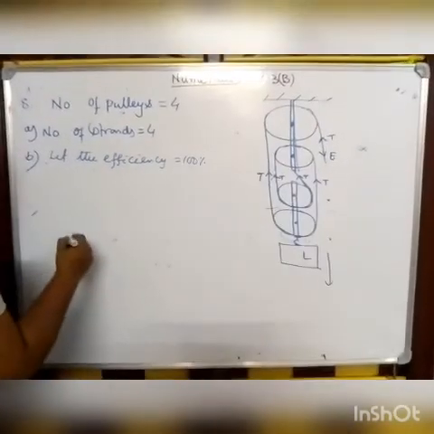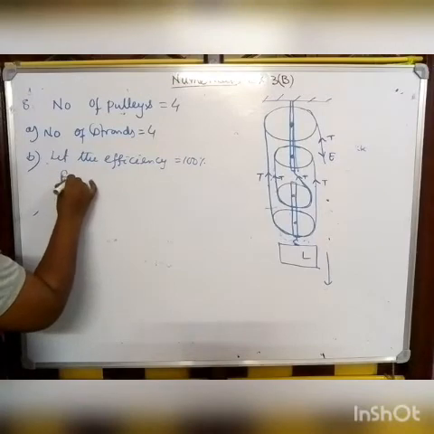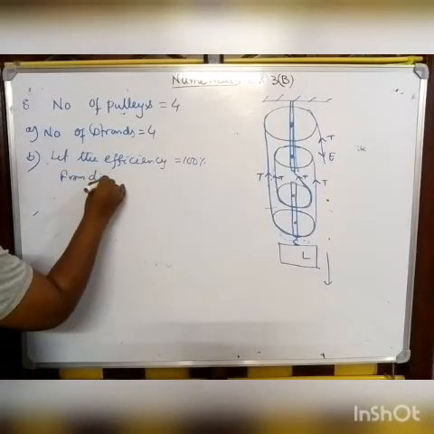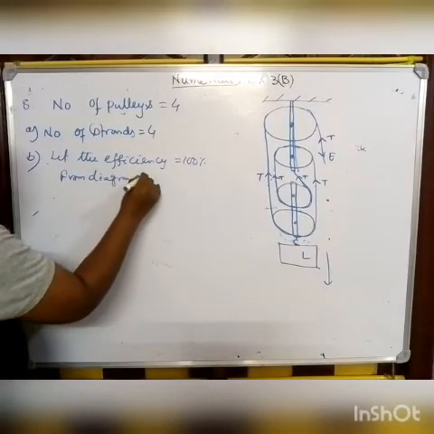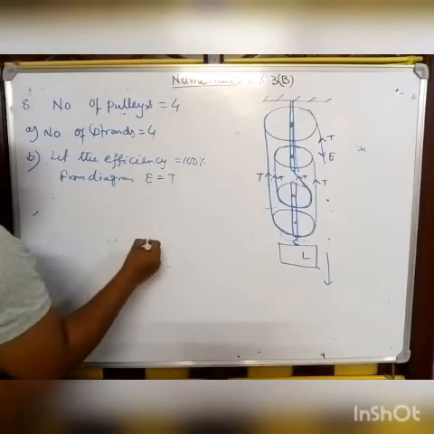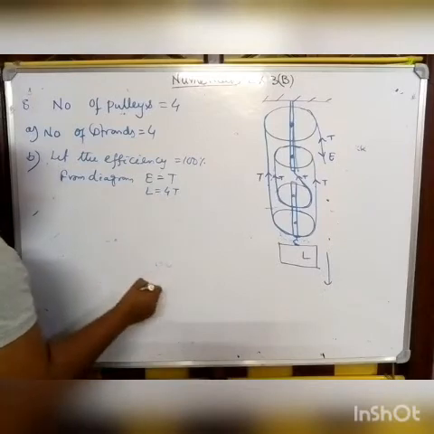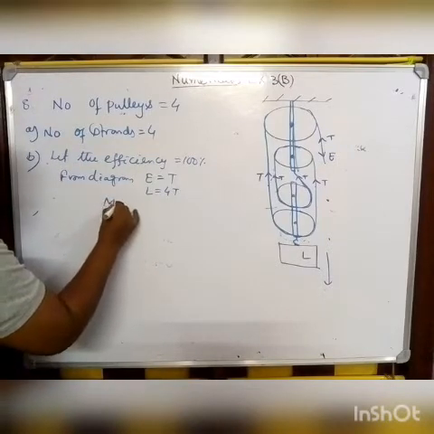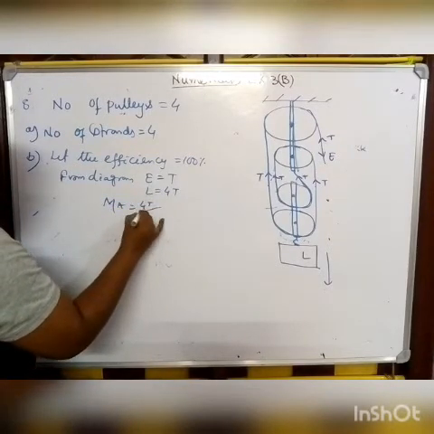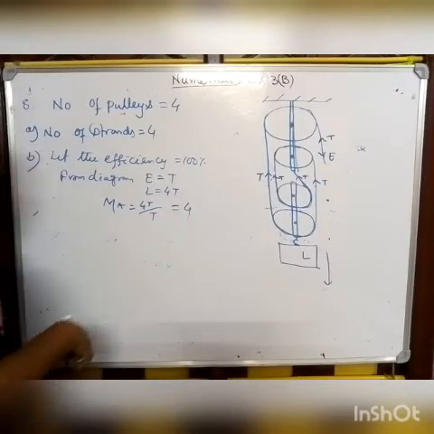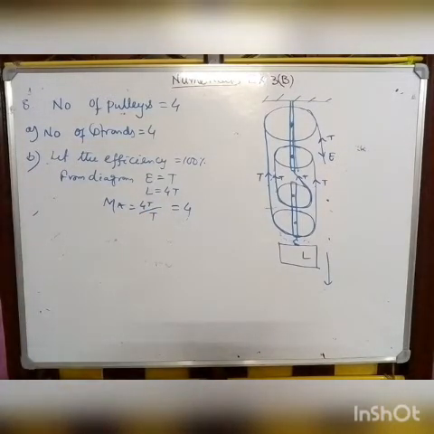Then only we can say that from the diagram effort is equal to tension if it is in equilibrium, and load is equal to 4 times the tension, and so mechanical advantage equals 4T by T, that is 4. So it is only possible that the total tension is used to lift the load only. Next question.